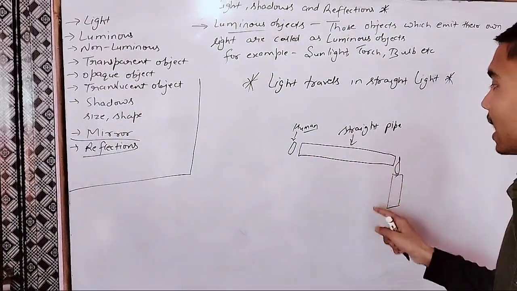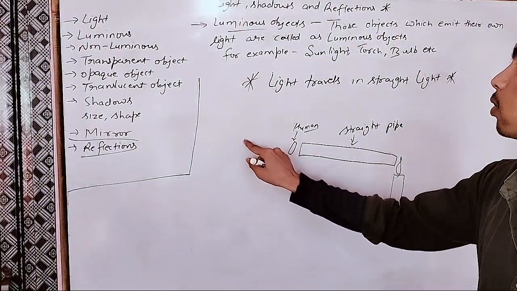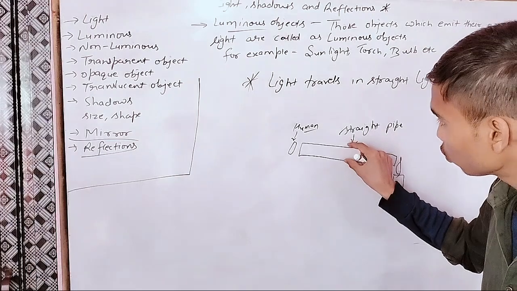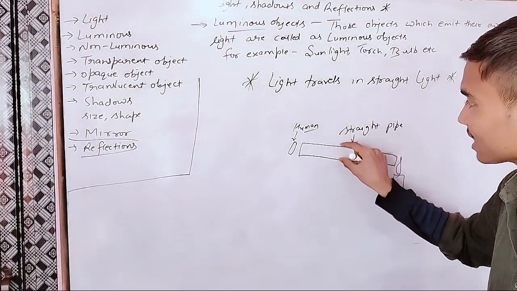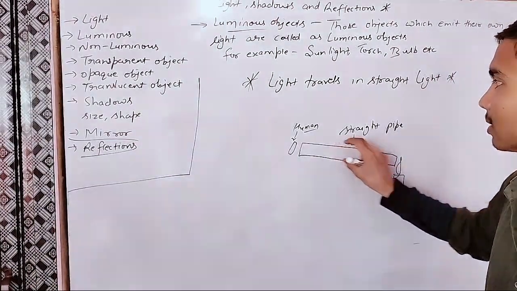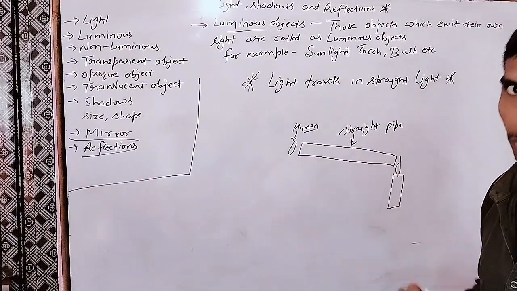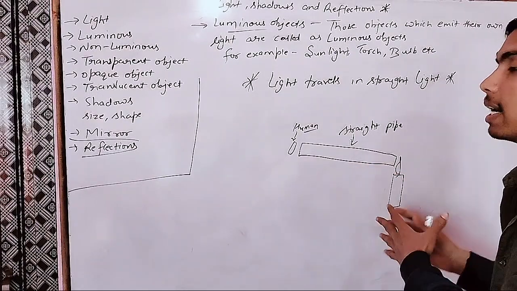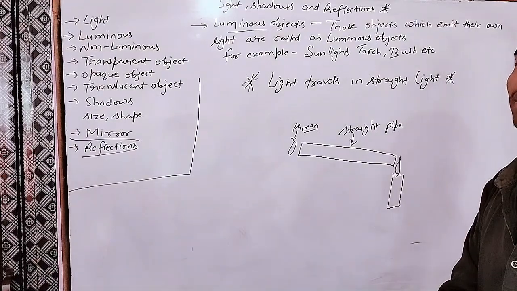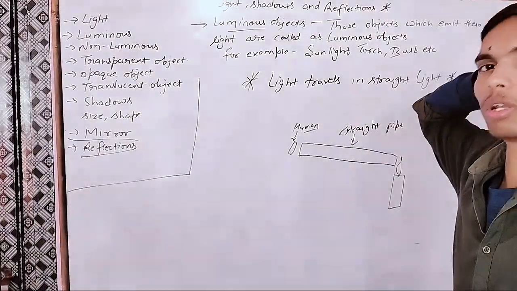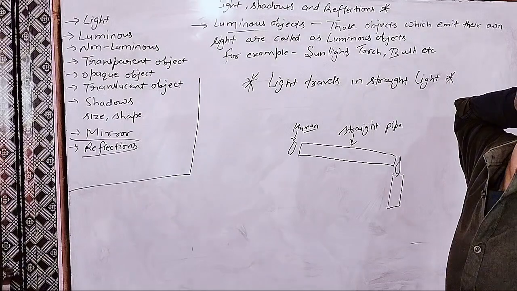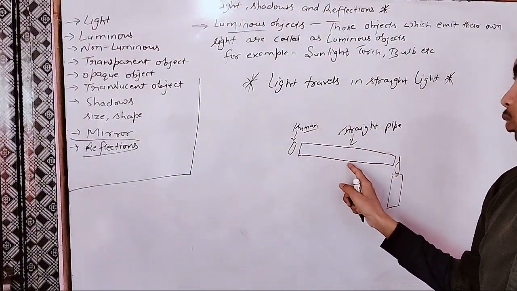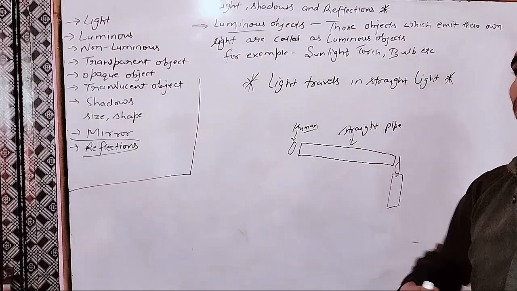We can see the flame candle because light is going through this straight pipe easily. That's why we can see the flame candle with the help of a straight pipe.